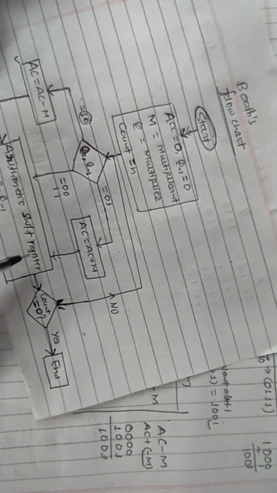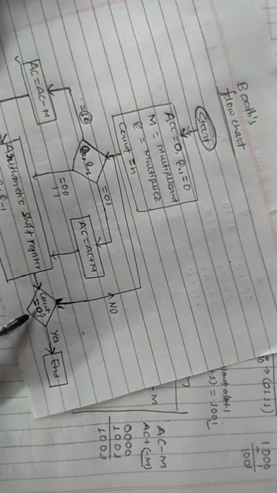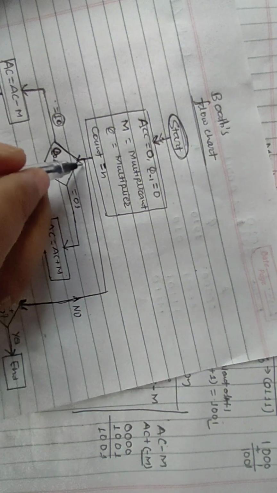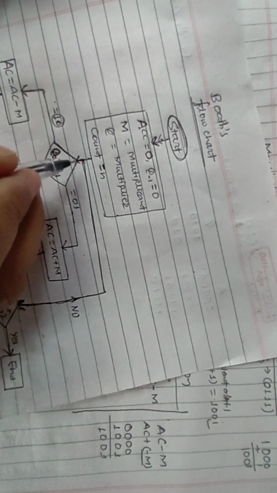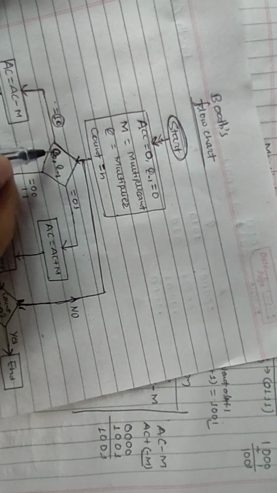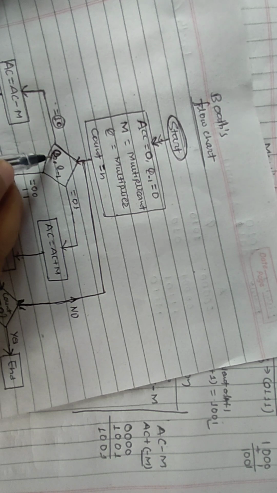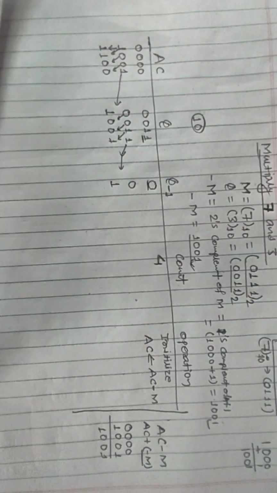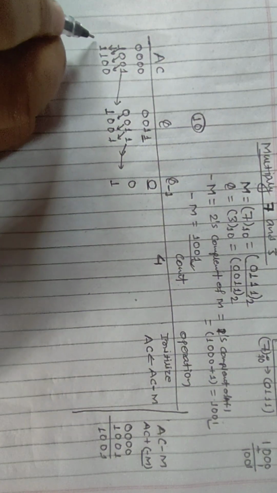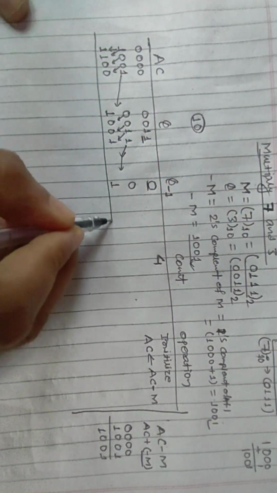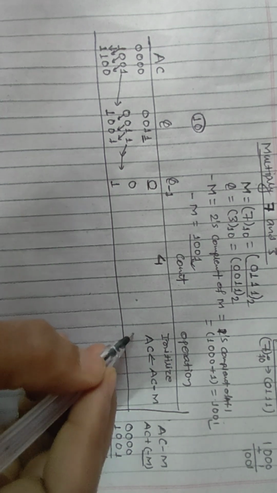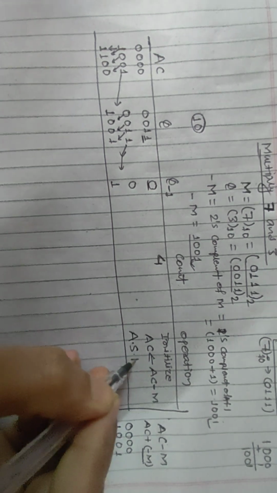You can see after finishing this, the count is not equal to 0. So once again we have to go towards the previous steps, and in the previous step once again we have to compare the value of the least significant bit of q naught and the one bit of q minus 1. So this first step has completed, so let's close this, and here we write in operations ASR, arithmetic shift register.